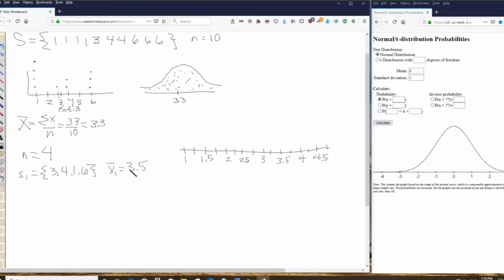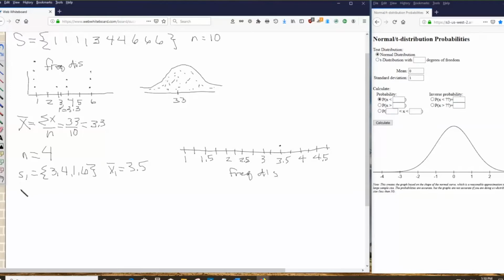So the first one gives me a dot at 3.5. So this is a frequency distribution, and I'm going to do another one here, just to see what these are going to plot out.